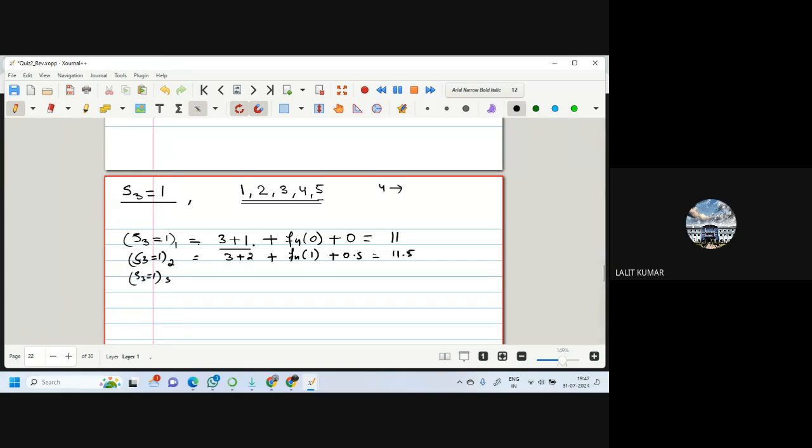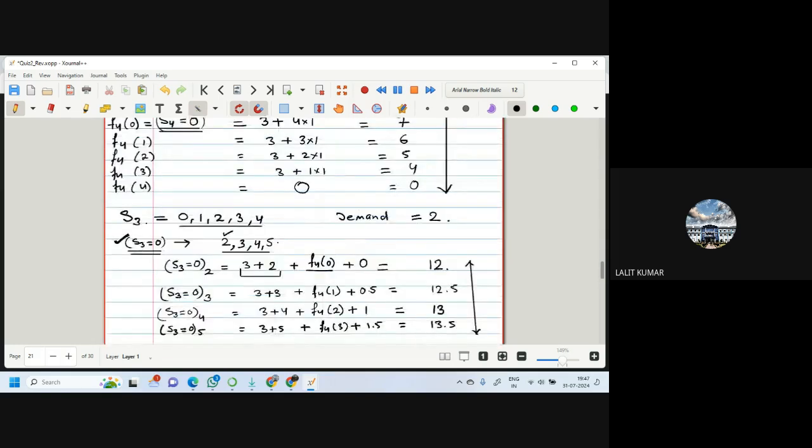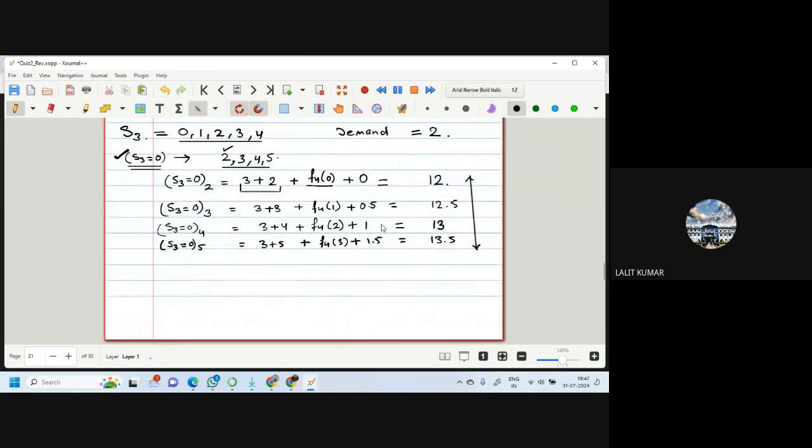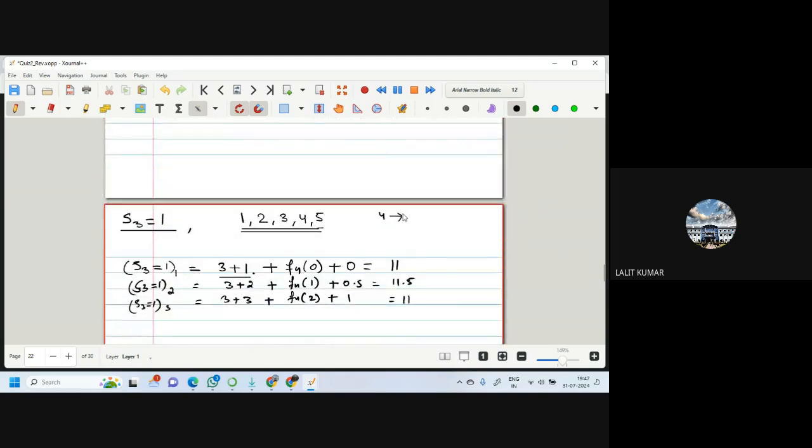S3 is equal to 1, I order 3. 3 plus 3. I take 2 in future. Carrying cost of that 2 is 1. 3 plus 3 is 6. It is 4. 6 plus 4, 10 plus 1, 11. I'm sorry, it was 5. F4 2 is 5. So this becomes 12. Here S3 is equal to 1, I order 4.